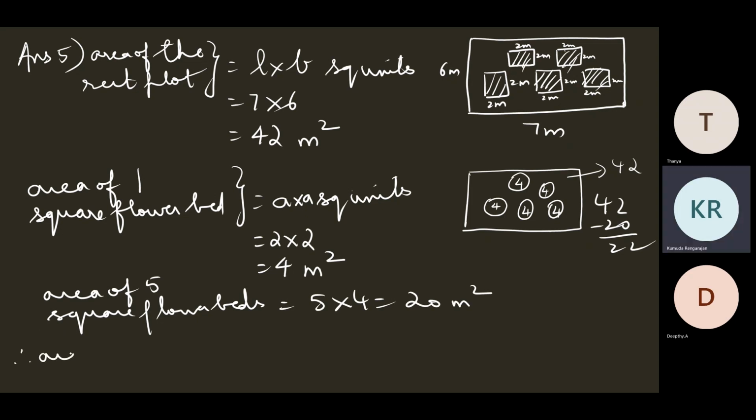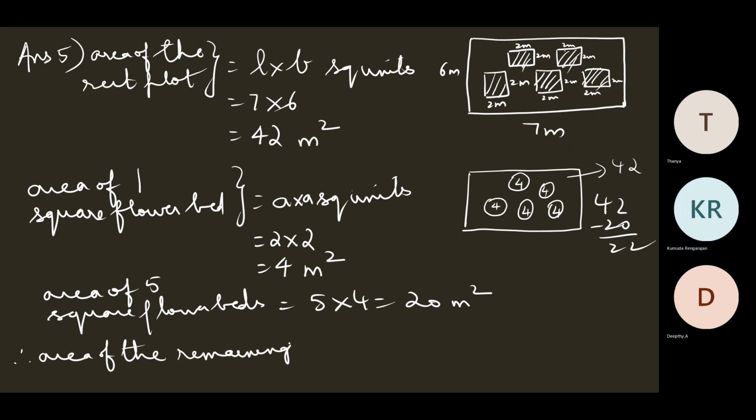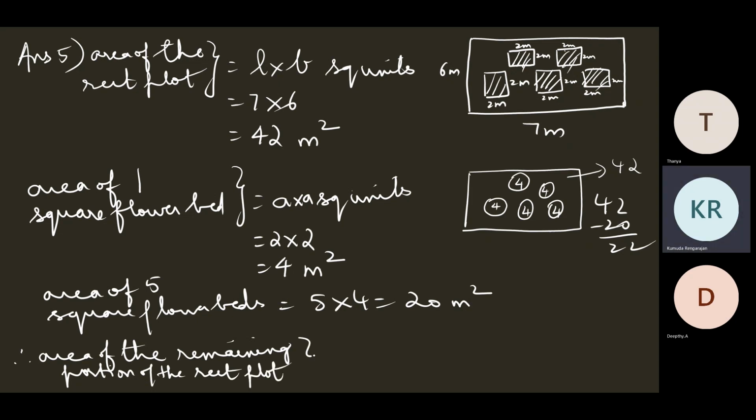Therefore, area of the remaining portion of the rectangular plot is equal to 42 minus 20, which is 22 meter square.